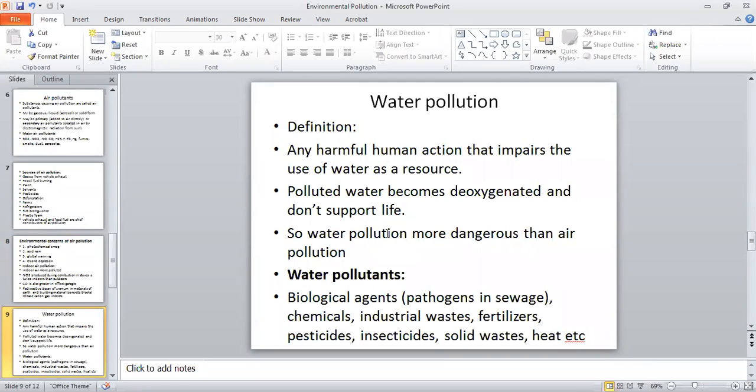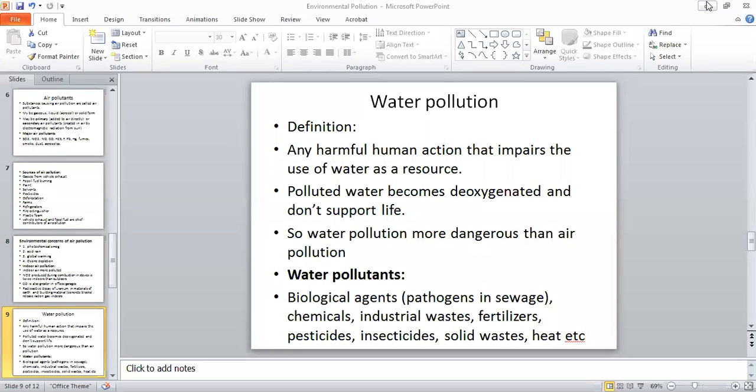Any harmful human action that impairs the use of water as a resource. यानी humans का कोई भी ऐसा action, कोई भी ऐसी एक्टिविटी जिसकी वजह से हम पानी को एज अ रिसोर्स यूज ना कर पाए, ना ड्रिंकिंग के लिए, ना डोमेस्टिक पर्पस के लिए, ना हम अपनी एग्रीकल्चर के लिए यूज कर पाए, तो इसको हम कहेंगे वाटर पोल्यूशन. यानी पानी इस हद तक डिटीरियोरेट हो जाए, इस हद तक खराब हो जाए कि आप उसको किसी भी पर्पस के लिए इस्तेमाल ना कर पाए, तो दैट विल बी द वाटर पोल्यूशन.